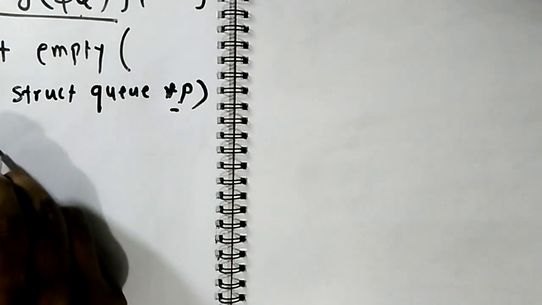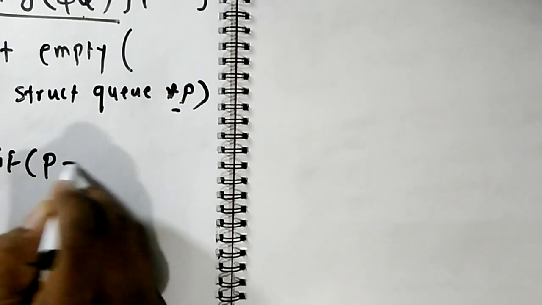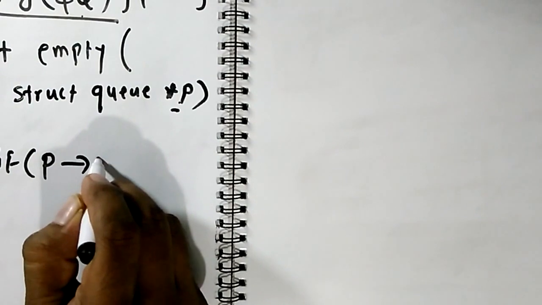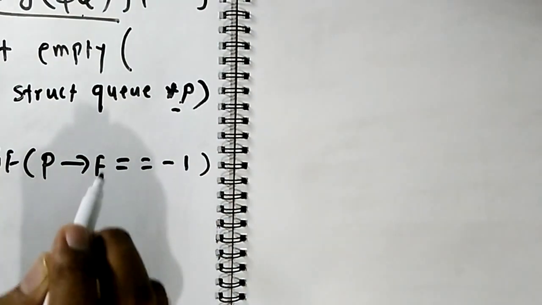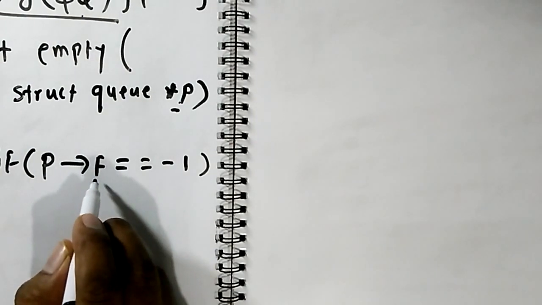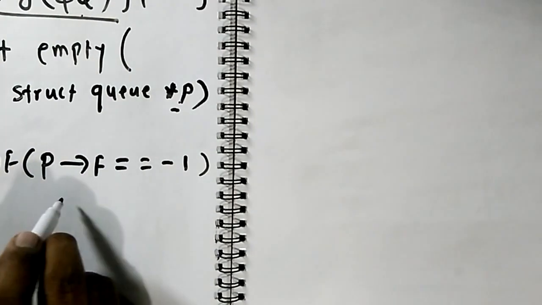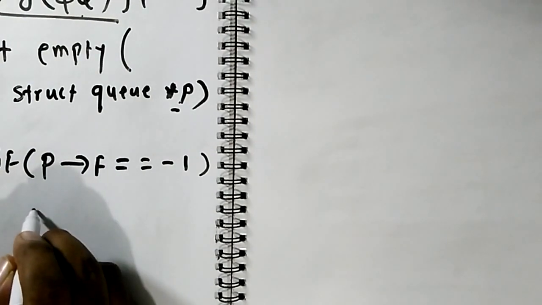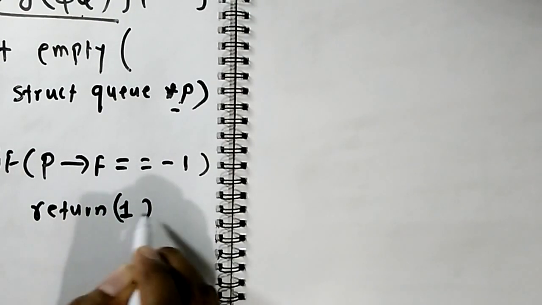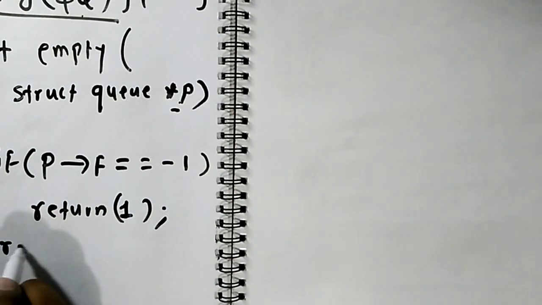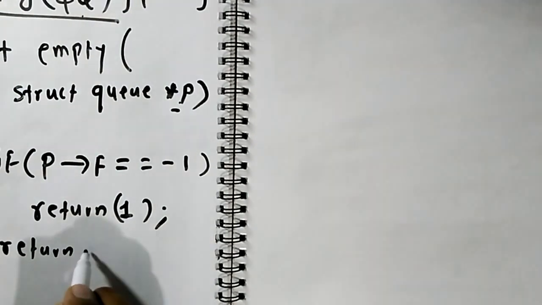So I'll check that by using this pointer p. So if p arrow f equal to -1, that means the front variable is -1, the queue must be empty. That's the queue empty condition. So I'll return 1, else I'll return 0.